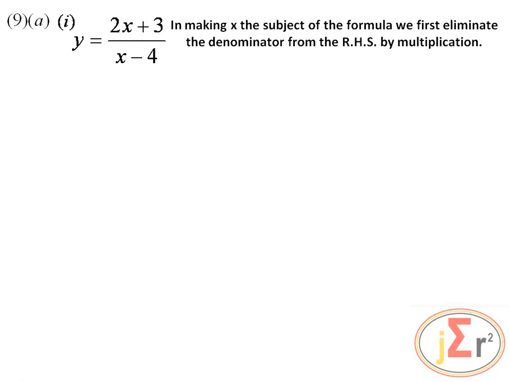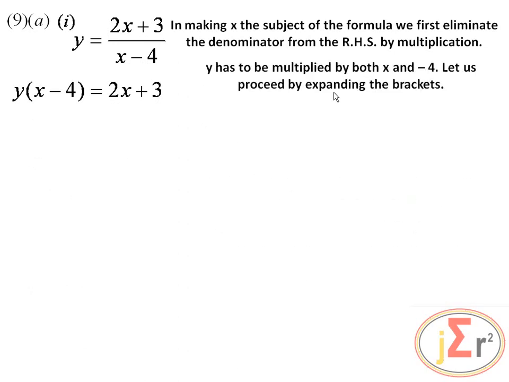Eliminating the denominator by multiplication. As a matter of fact, a denominator is something that we are dividing by, so we will multiply in eliminating this denominator. As a result, the left hand side will be multiplied by x minus 4. In the next step, y has to be multiplied by both x and negative 4, and we will proceed to do that.